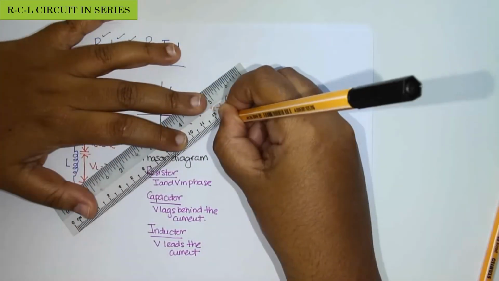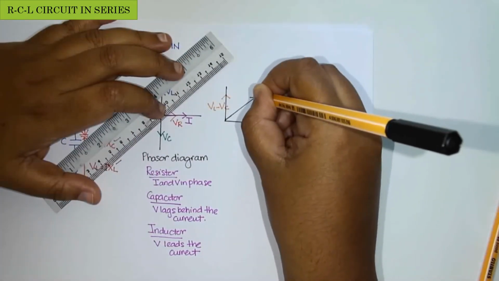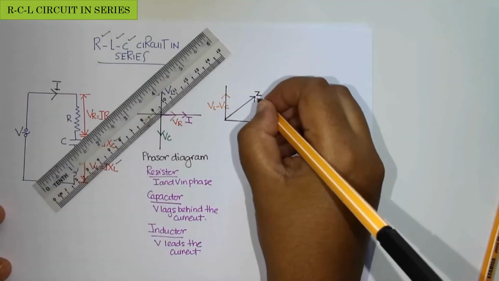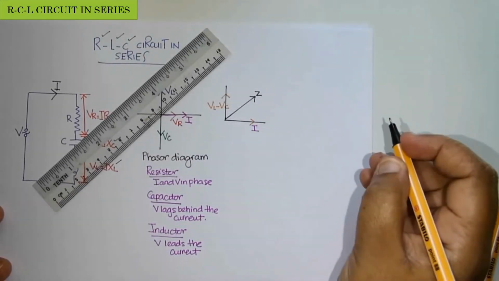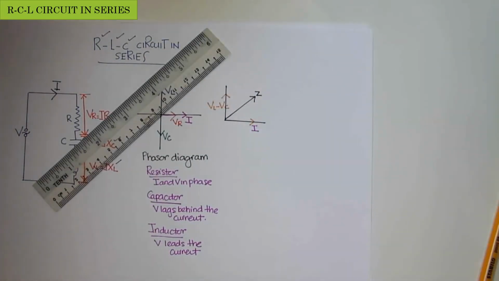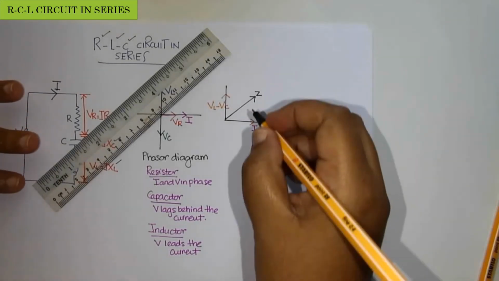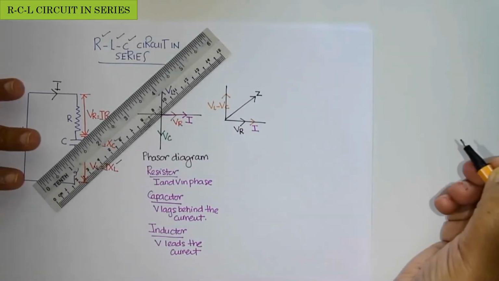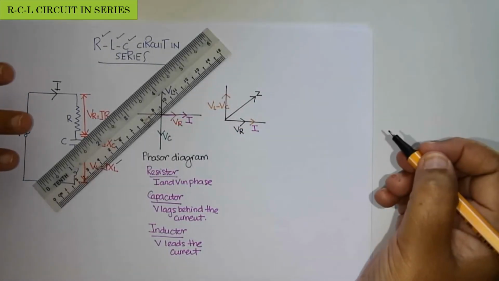This will be the impedance, which is Z. Okay, so this also we can put here. We will get something like this. Also, we can put here VR. I forgot to put VR there.